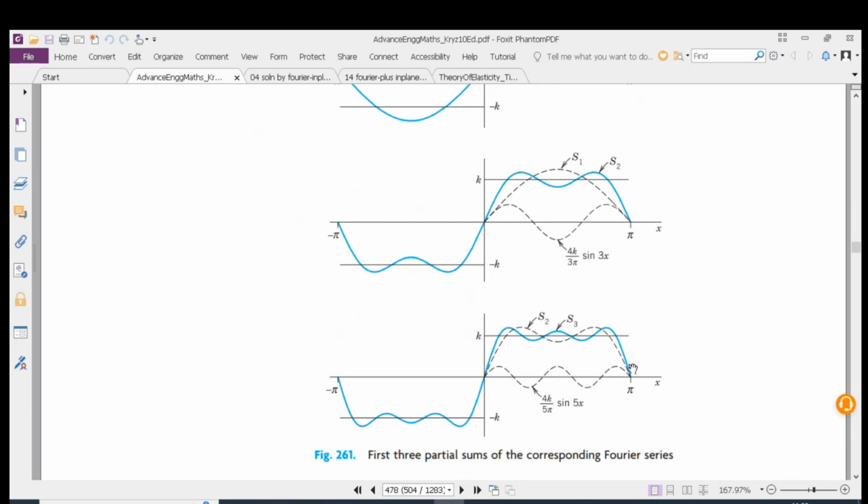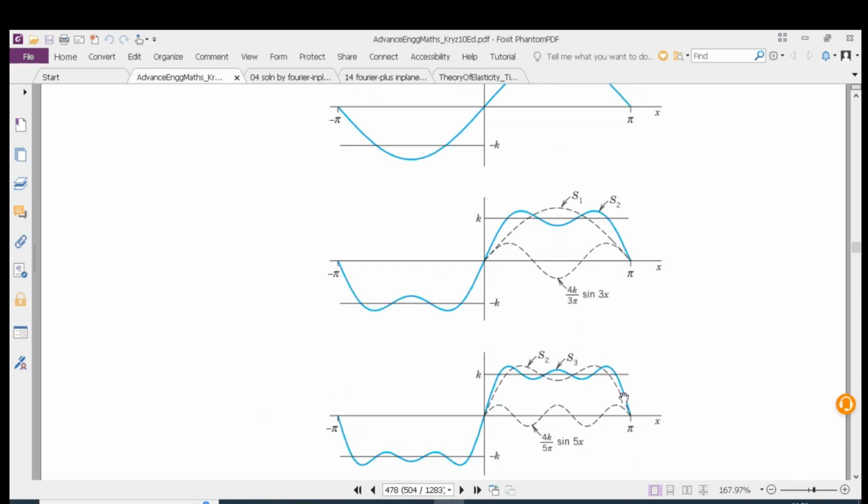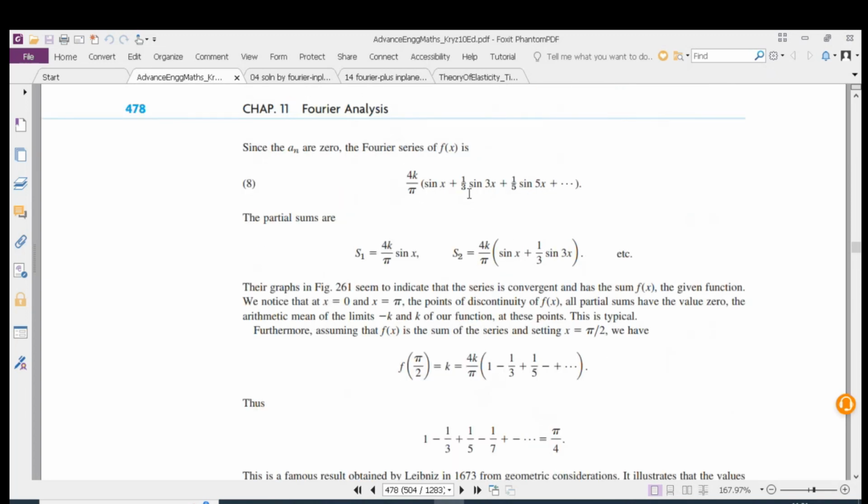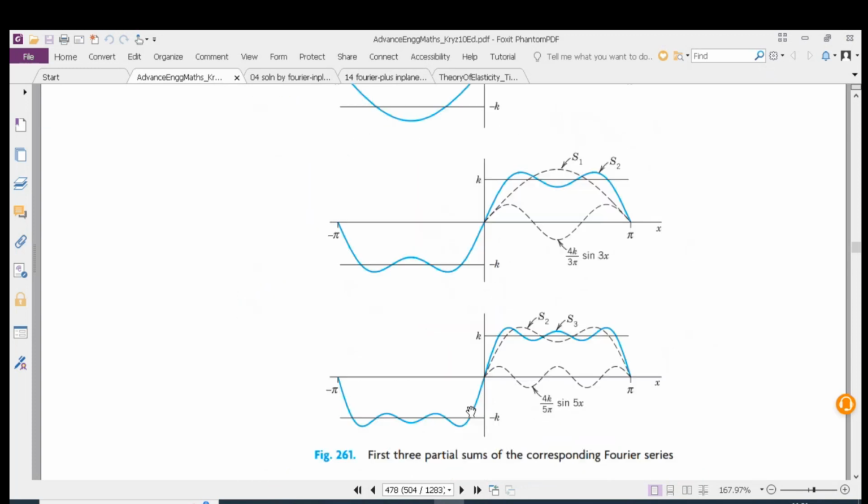The third partial sum seems to be coming even closer to the actual function. Thus, as we keep on increasing the terms of our Fourier series, we are converging to the actual function.